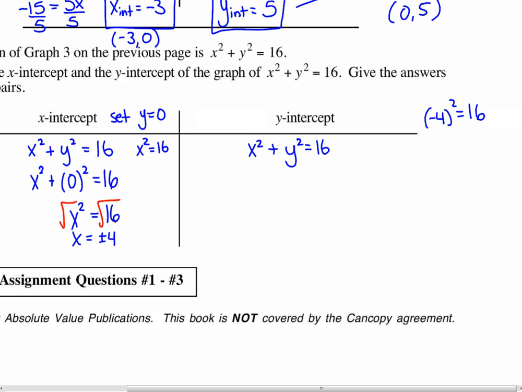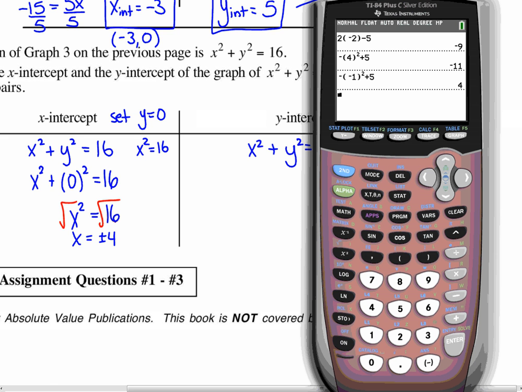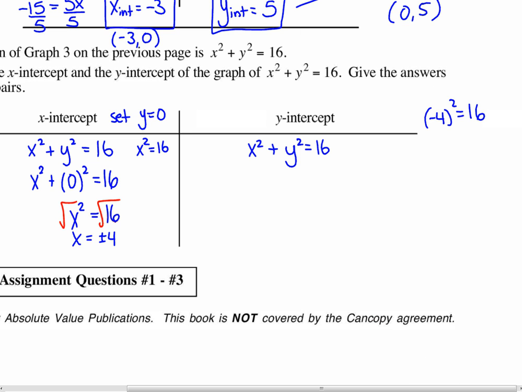Grab your calculator. Yes. Why? A negative times a negative is a positive. Remember when we square, it's the same thing as multiplying by the same thing twice, and a negative times a negative gives a positive. So there's two solutions, plus or minus 4.